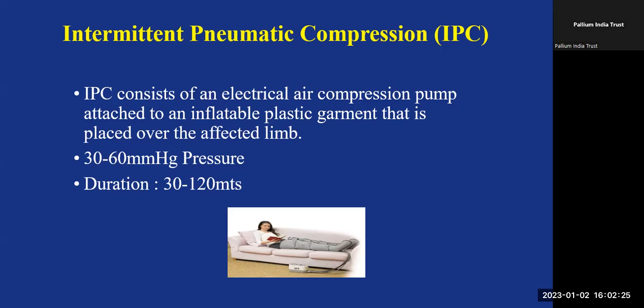So this is how the electrical air compression pump works. There will be a continuous compression pressure, and this will help to move the fluid from the affected area to the non-affected area.